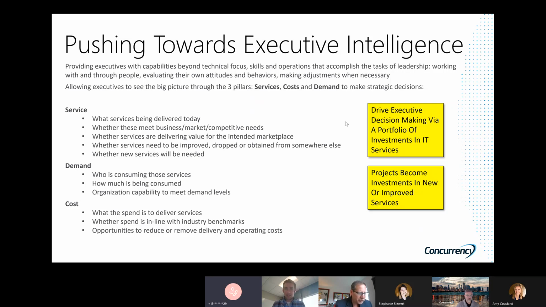Yeah, so at this point, you're actually talking to the executives in their terms, at their level, to assist with a lot of key strategic decision making. I'll give you one example, but the key thing here is there are three pillars to this. There's understanding your services, understanding the demand of who's using those services, and then what the costs are for those services.